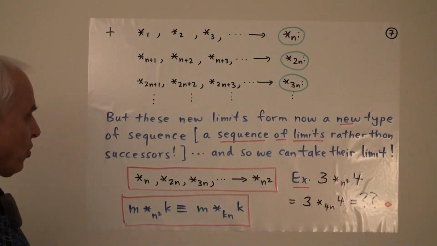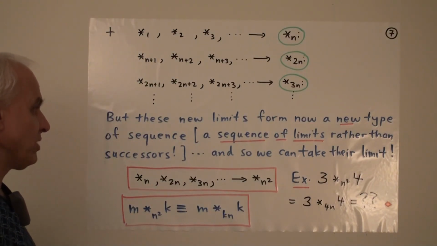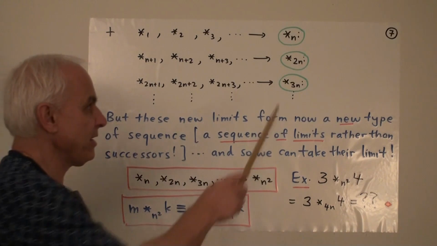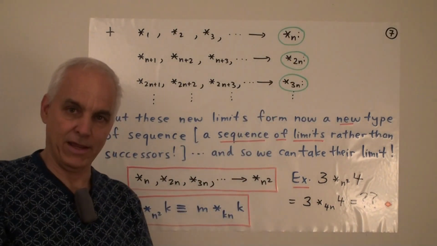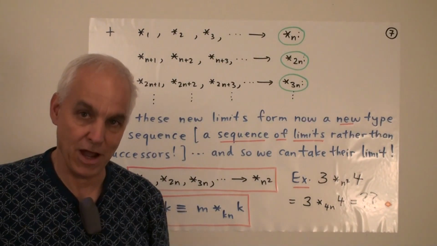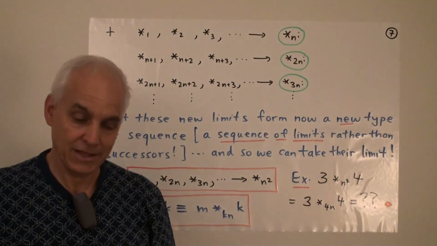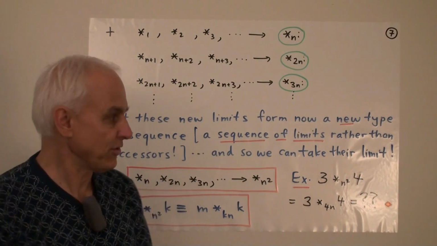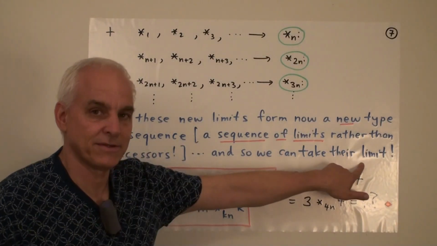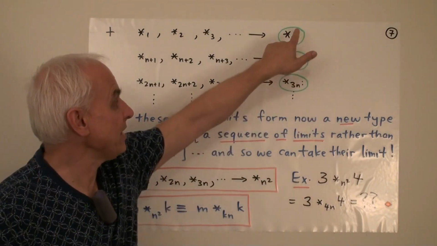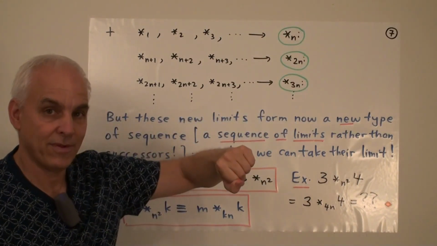Okay, so now we have a new type of sequence. Namely, these green ones here, they themselves form a sequence of operations. And so we can take their limit.